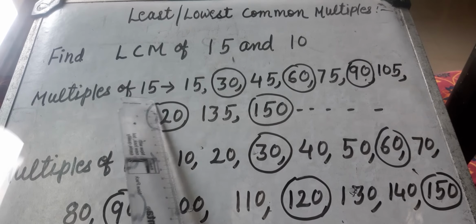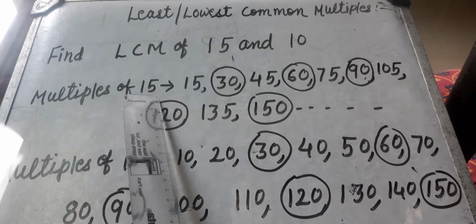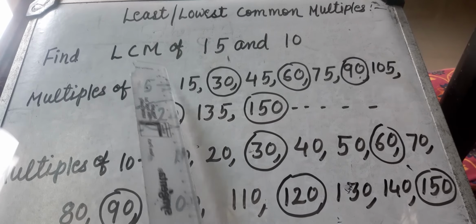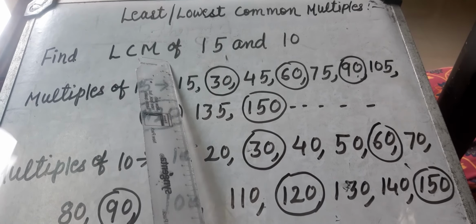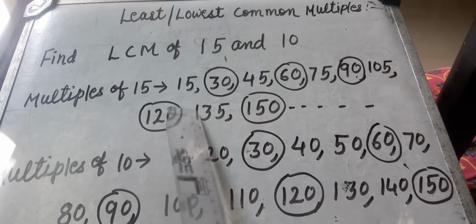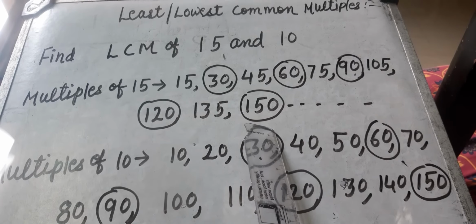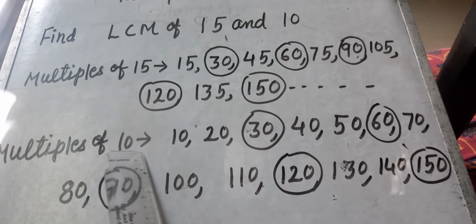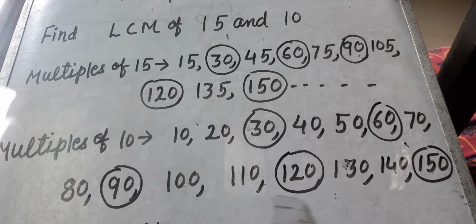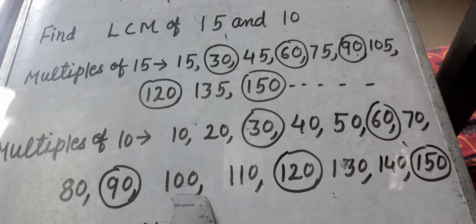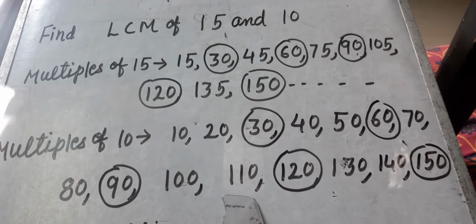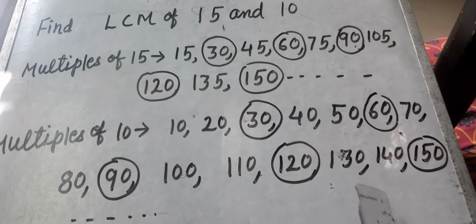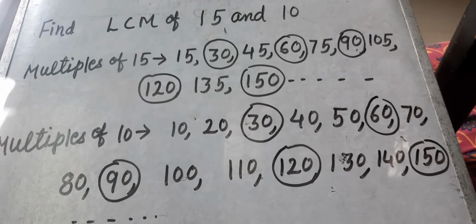Multiples are unlimited as natural numbers are unlimited. So we can find n number of multiples of 15, right? But as we have to find the least common multiple of 15 and 10, we will find them only up to a certain point, like 15 tens are 150, and for multiples of 10 we have found more than 10, like 10 tens are 100, then 10 into 11, 10 into 12. In this manner we have found multiples till 150.